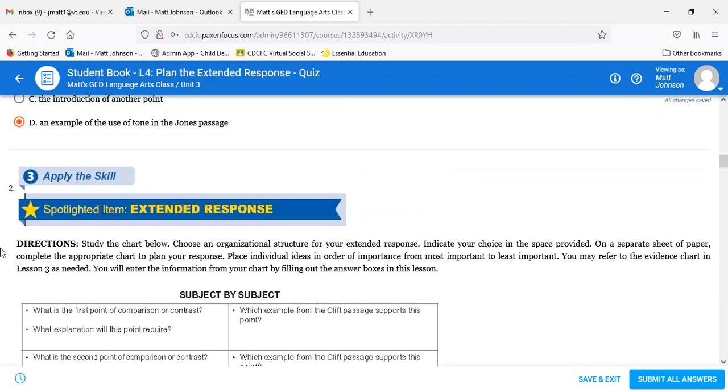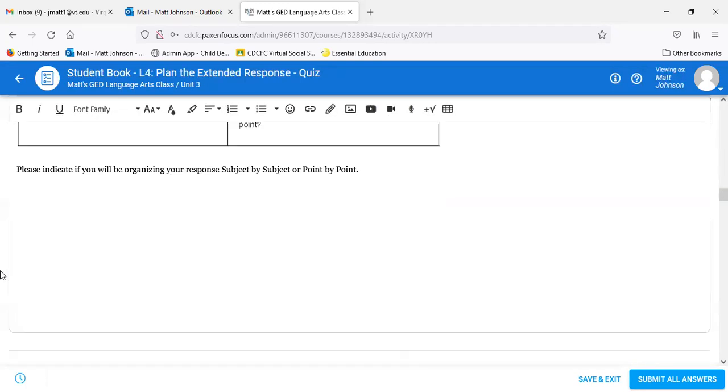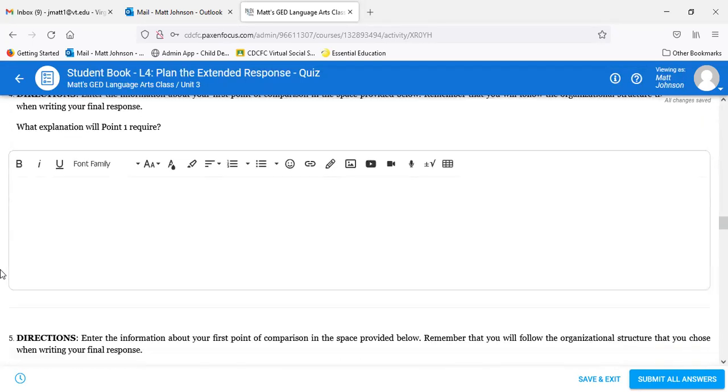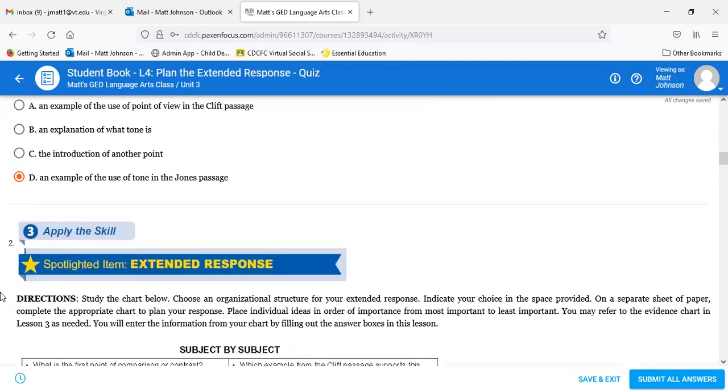If you have a way to take notes outside of what I have here, some of this is asking you to follow along on a sheet of paper to complete the chart. We're going to have the little text boxes that we used before, so we'll be writing some as well, but feel free to take notes also.